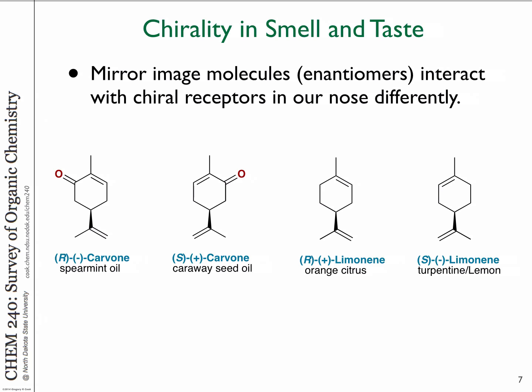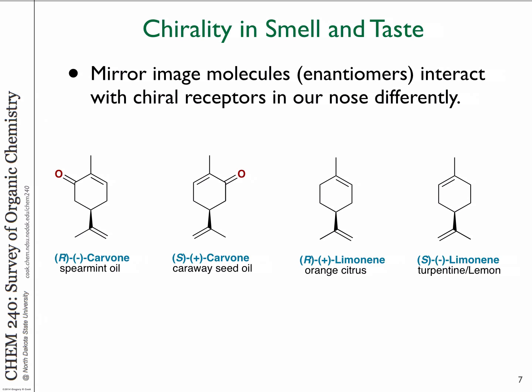Molecules are binding to proteins, which are smell receptors in your mucous membranes. Those proteins that are binding to odor molecules are chiral. So sometimes those odor receptors will respond differently depending on which mirror image isomer of a molecule it's interacting with.